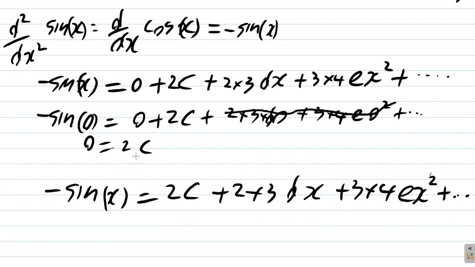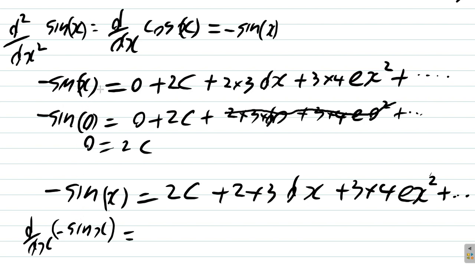Now, we must differentiate this and equate to 0 in order to find out what d is. And you see how it works. d by dx of negative sine x is equal to... And remember, this would be the third derivative.